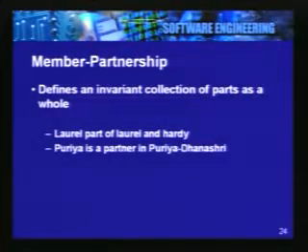It defines an invariant collection of parts as a whole. Laurel part of Laurel and Hardy, or Puriya is a partner in Puriya Dhanashri. This is a classical Hindustani raga where if you take out one, then the raga breaks down. So, the members in the member partner relation are also related to each other, and it's an invariant collection of parts in a whole.